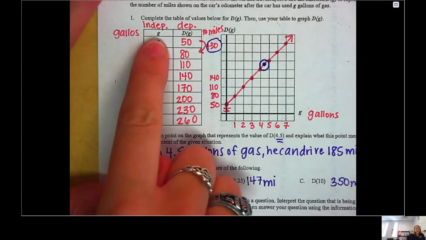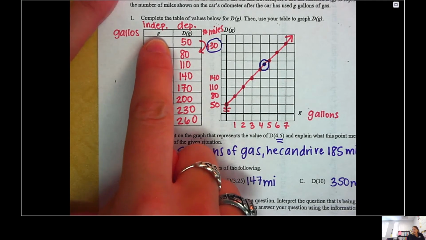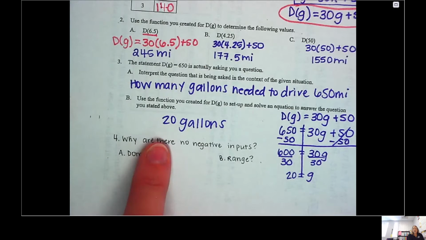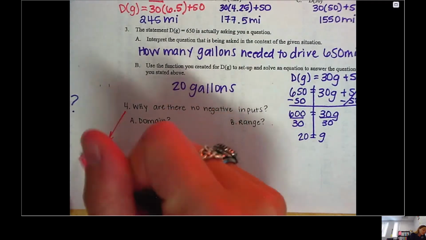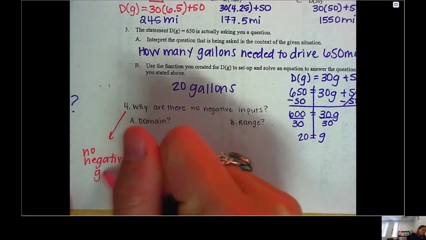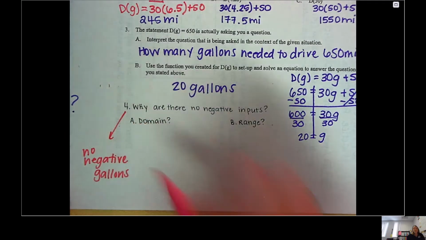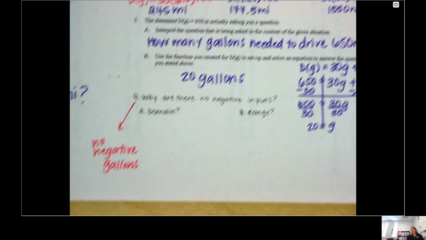So your independent variable is not going to be negative because you can't have negative gallons. So that's my answer here. Why are there no negative inputs? Because there's no such thing as negative gallons. Right, so in the context of this problem, that doesn't make sense. Can't have gallons that are negative.